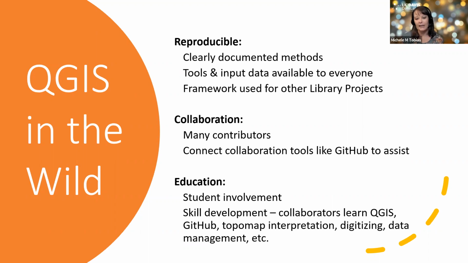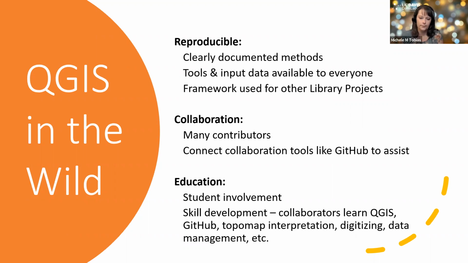We tell you exactly how we're doing things and what our process is, and we keep track of questions and things like that, so you have an idea of where this data came from and how it got made. The tools and input data for all of the project are available to anyone. Everything we're working with is freely available.